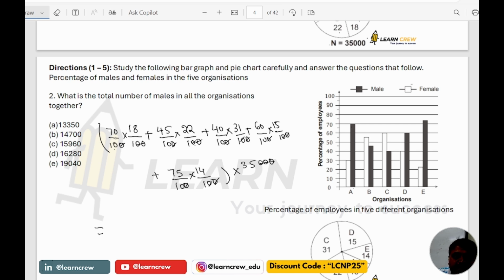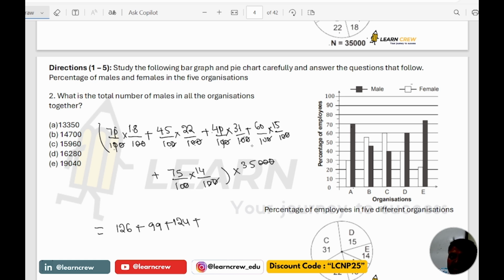Thereby what am I going to get here? 0 0 cancel. 18 sevens are 126. Plus now 45 20s are 990. 990 by 10 is 99. Plus 0 0 cancel here. 31 4s are 124.